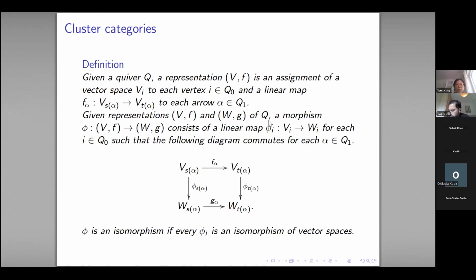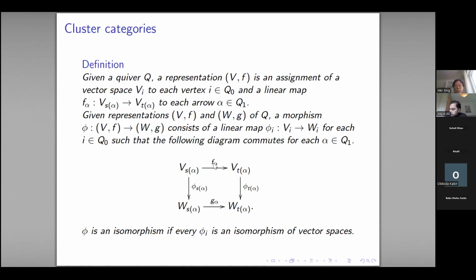Okay, if we have two representations, V and W, of the same quiver, a morphism of V and W consists of a collection of linear maps phi_i, which go from V_i to W_i for each vertex. And moreover, these satisfy an extra condition that such a diagram should commute.